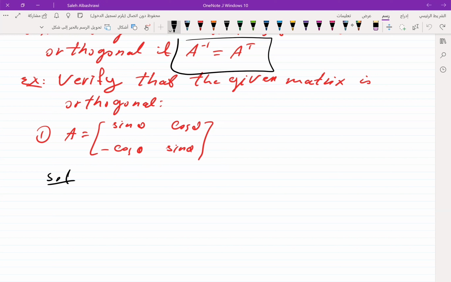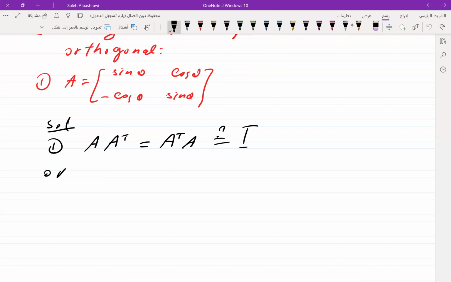So we have two ways. First method, multiply A by A transpose and check whether we get the identity or not. Second, we know that A inverse equals 1 over the determinant of A multiplied by the adjoint of A.